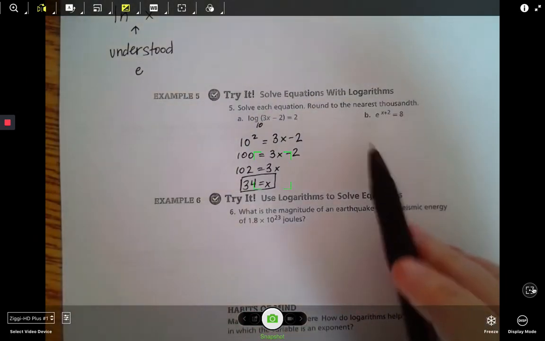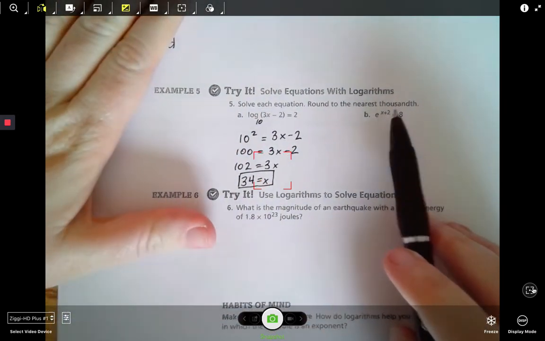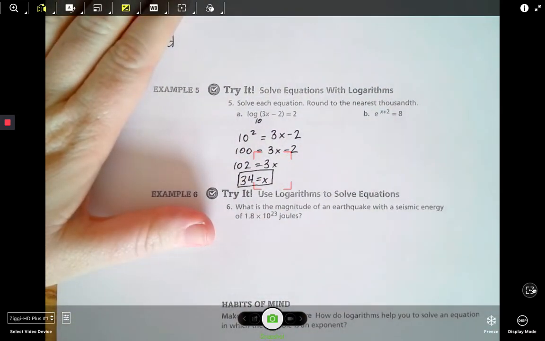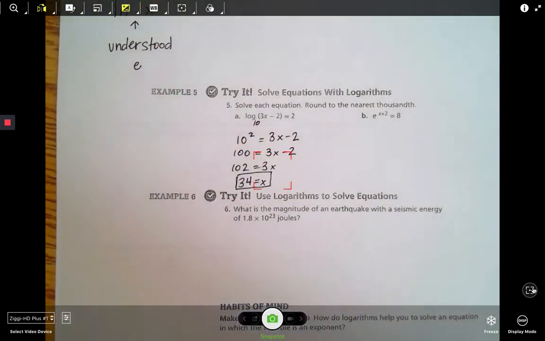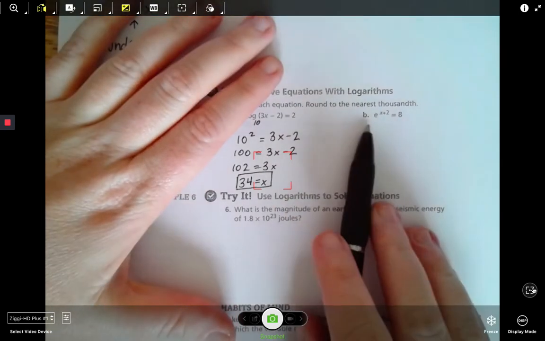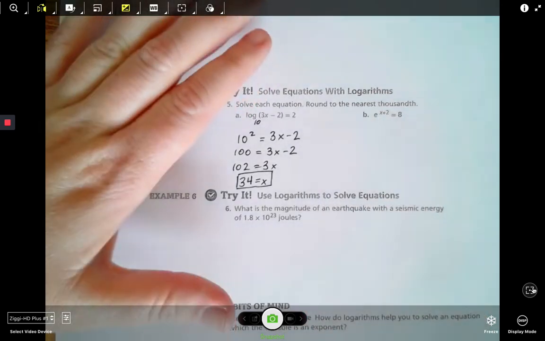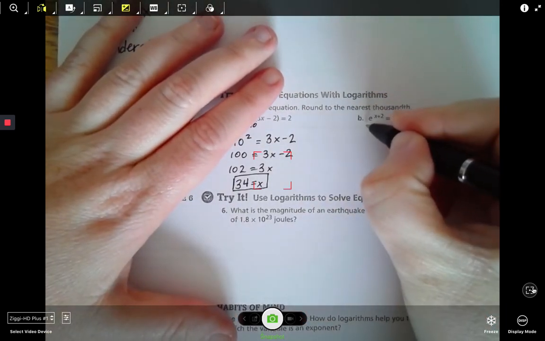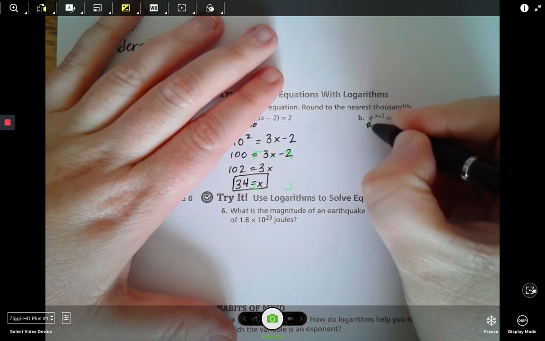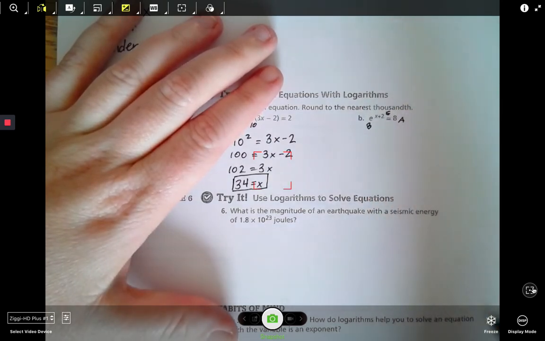All right, this one's in exponential form, but that's not really helping us because we are trying to solve for x. So we need to rewrite this. The base is e, so I'm going to rewrite it in natural log. So this has become b, e, and a, right?